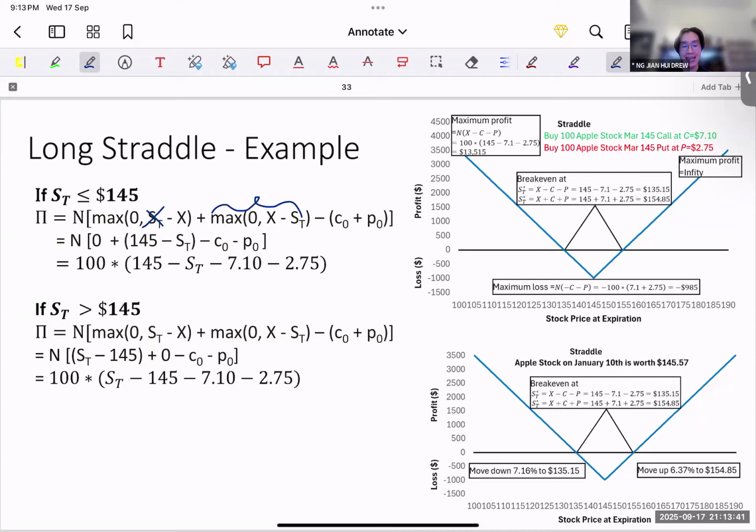Of course, we do not know what ST is, but we know that our strike is at 145. So it's going to make some money, 145 minus whatever the stock price, and minus the cost of your straddle position, which is the long call and the long put. Anything that is above 145, which is here, is where our call is going to start making money. It's in the money now, and the put is out of the money. And it's the same thing now.